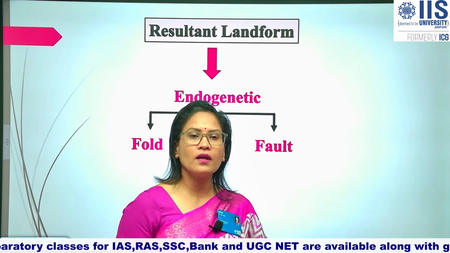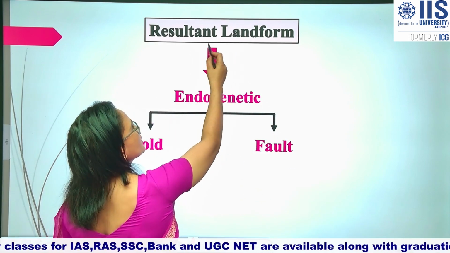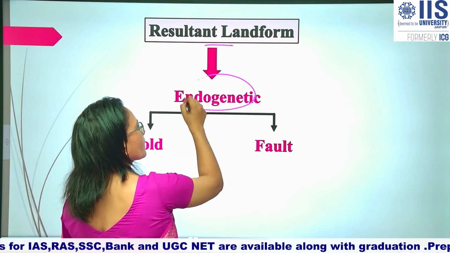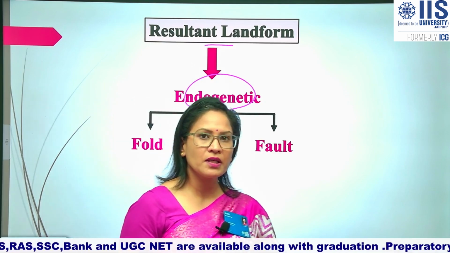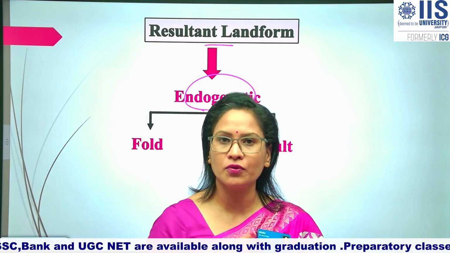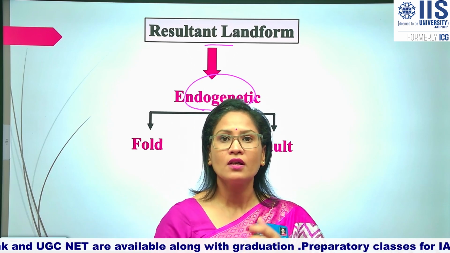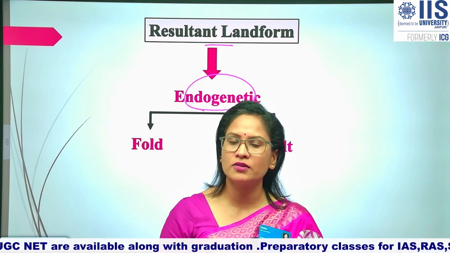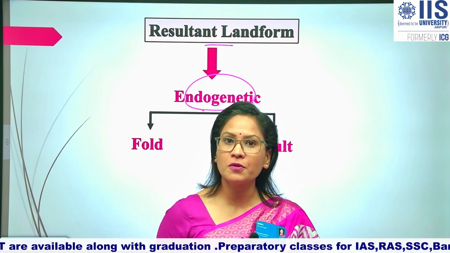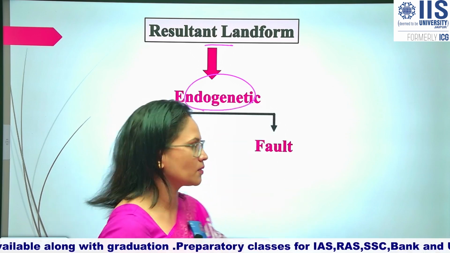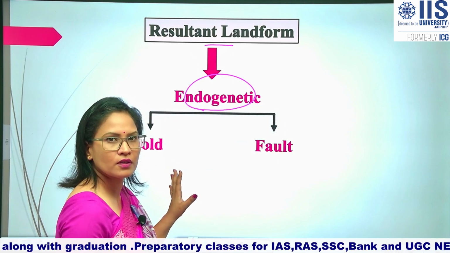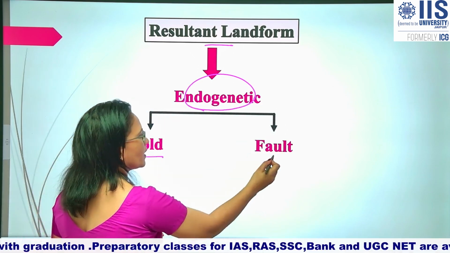Here we are taking the resultant landforms of endogenetic movement. It means that because of the endogenetic movements, what types of landforms are created on the Earth's surface. There are basically two types of landforms, folds and faults.